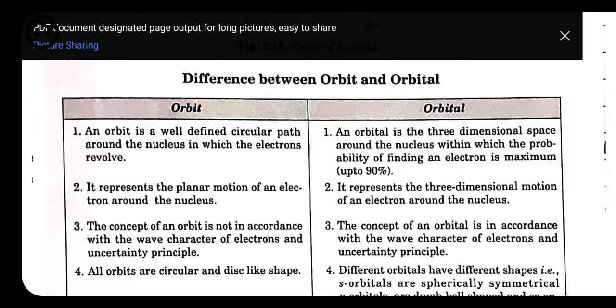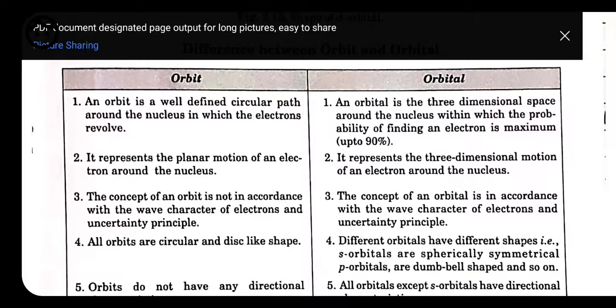Third, the concept of an orbit is not in accordance with the wave character of electron and the uncertainty principle, but the concept of orbital is in accordance with the wave character of electron and the uncertainty principle.